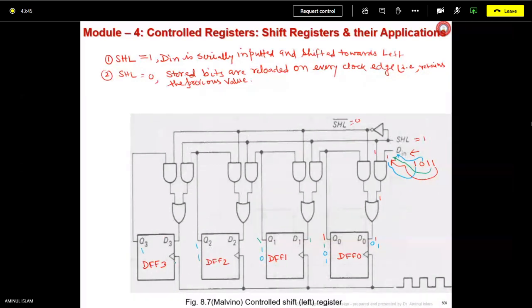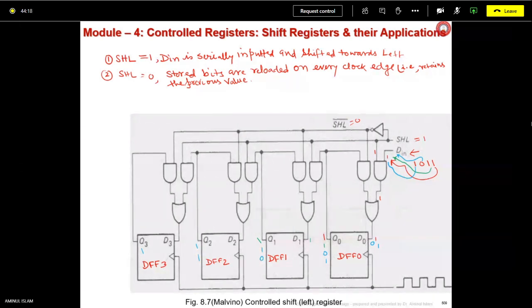In this way you see that all 4 bits have been applied serially, and they are getting left shifted also. First it is stored into FF0, then that bit is getting shifted to the left side. At every clock pulse, it is shifting from one flip-flop to another. After 4 clock pulses, all 4 bits are stored into the flip-flops.